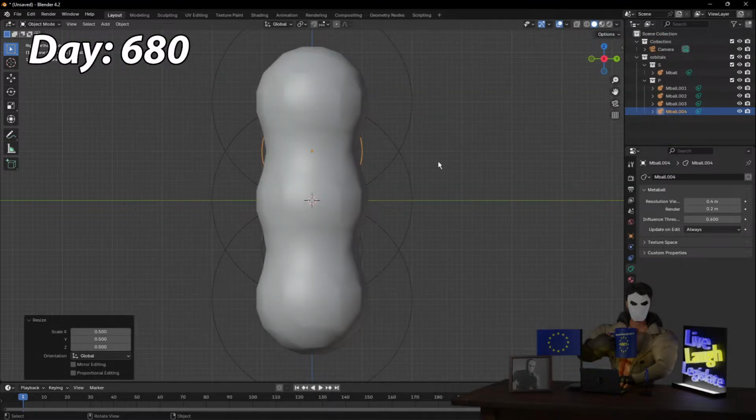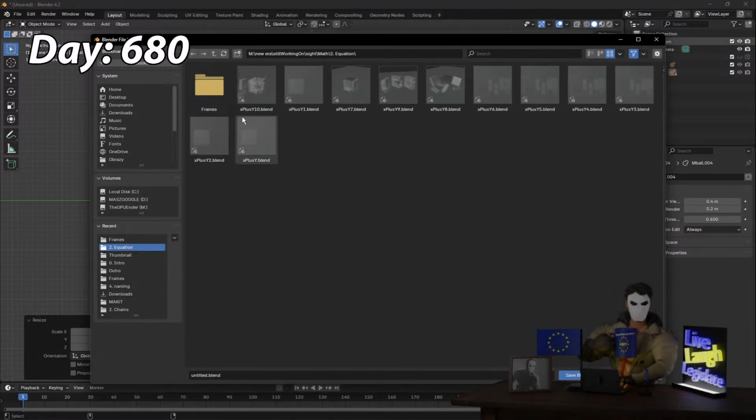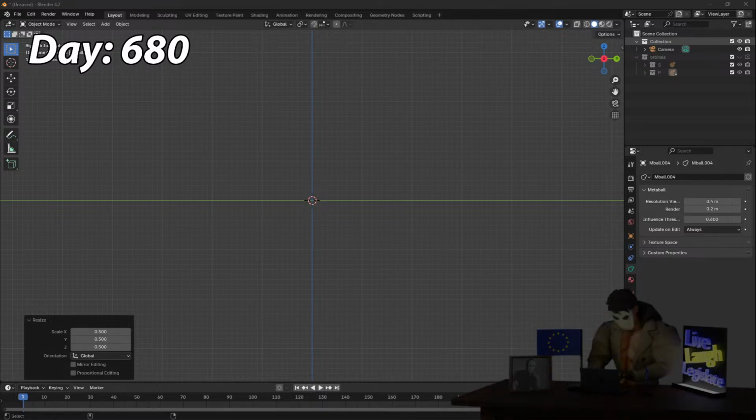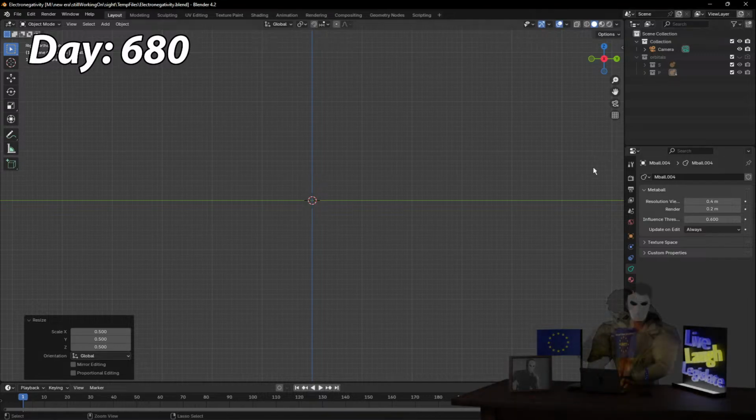Damn it, my muscle memory keeps pressing Ctrl S. Okay, so now we have an S orbital and a P orbital. I'm just going to save it somewhere because my muscle memory keeps pressing Ctrl S. Temp files, why not? Electronegativity. There we go.